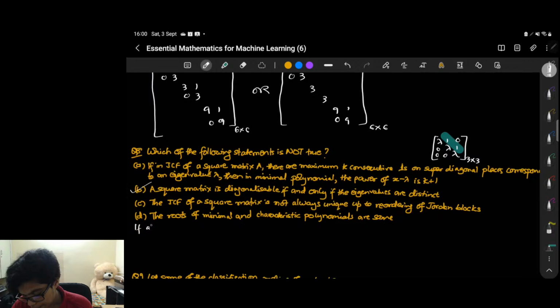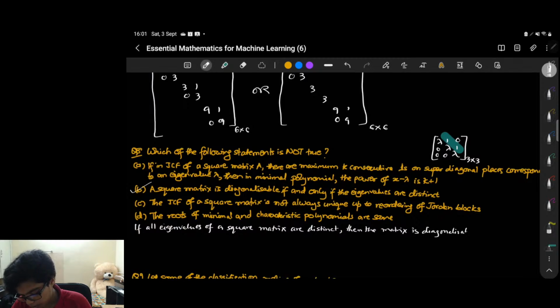Because if all eigenvalues of a square matrix are distinct, then definitely the matrix is indeed diagonalizable, but the converse is not true.